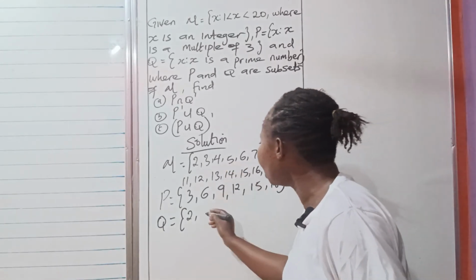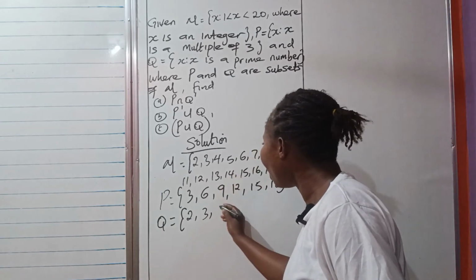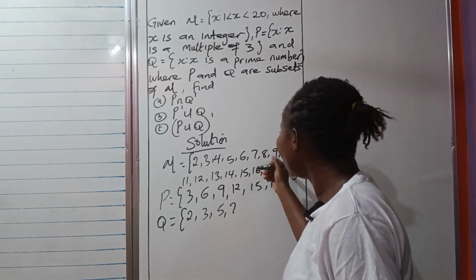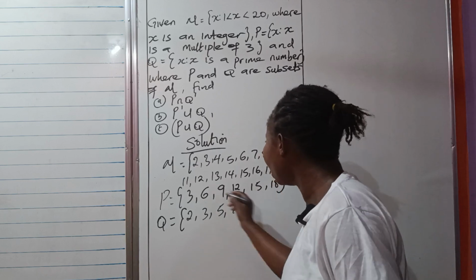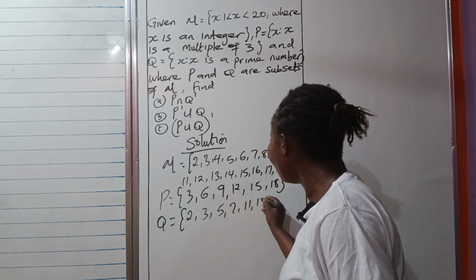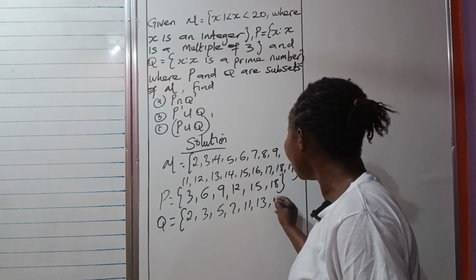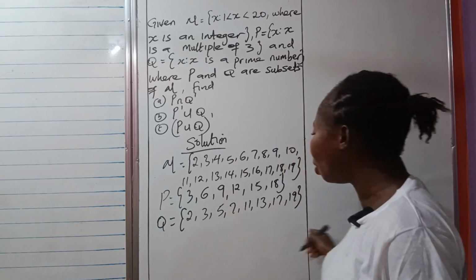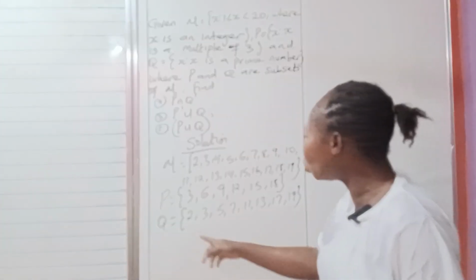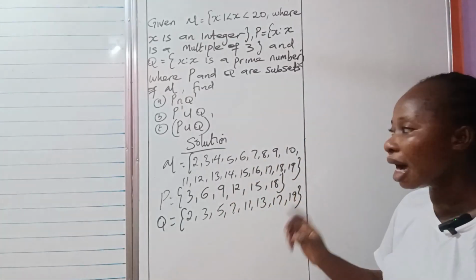And the next one is 3. We have 5, 7. 9 is not a prime number because 9 is divisible by 3. So the next one is 11. We have 13. The next ones are 17 and 19. All these are numbers that have only 2 factors, 1 and itself.